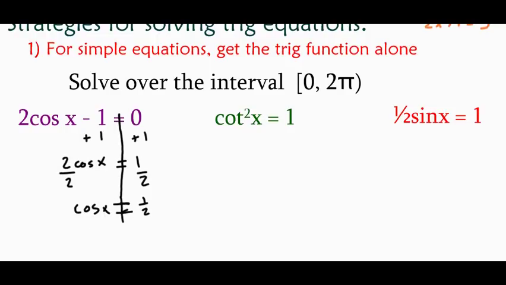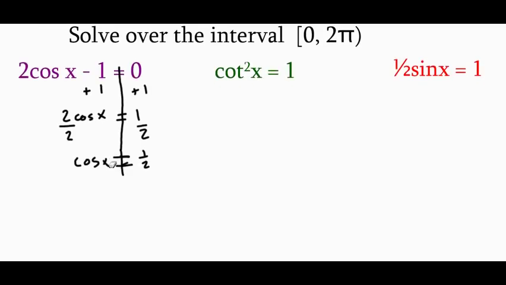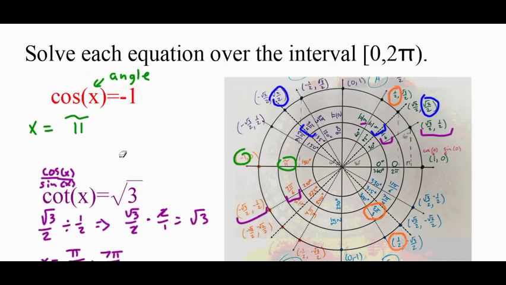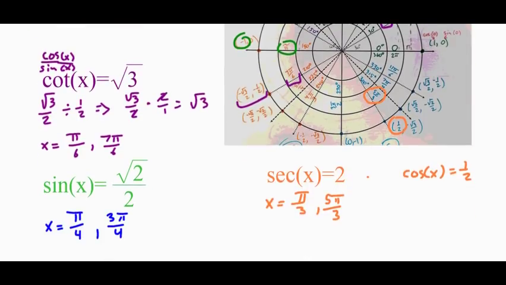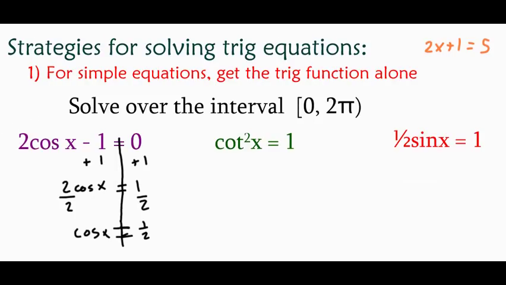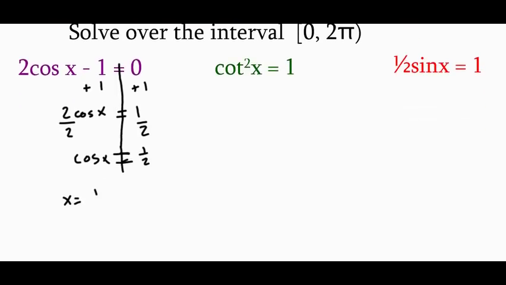So now I have to figure out what angle gives me a cosine value of 1/2. Now conveniently, we did this on the last problem. If you remember down here, we already did that. That's pi over 3 and 5 pi over 3. So my solution to this particular equation are pi over 3 and 5 pi over 3.